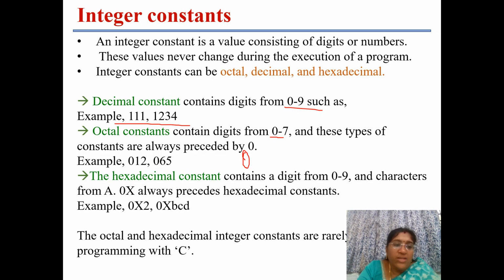Hexadecimal constants contain the digits from 0 to 9 and the characters from A to F, and are always preceded by 0x. Octal and hexadecimal integer constants are rarely used in the C programming language.